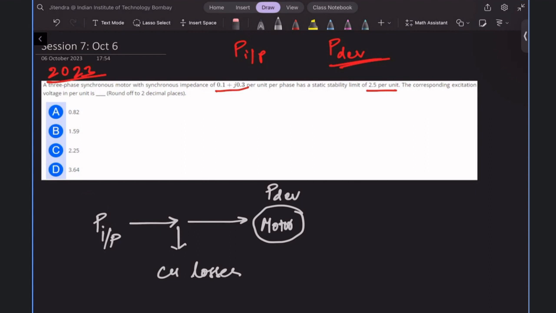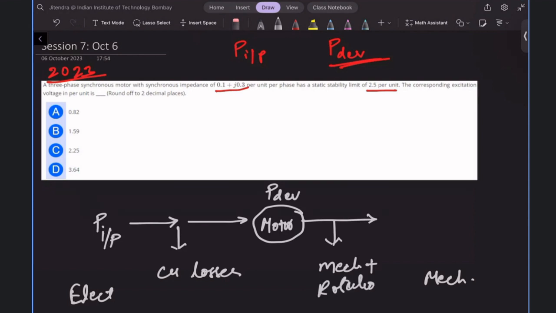And this developed power will be reflected to your shaft after certain mechanical or rotational losses, since it is an electrical to mechanical conversion device. Then you will have shaft power. So how much is developed here will be responsible for deciding the static stability limit of the machine.